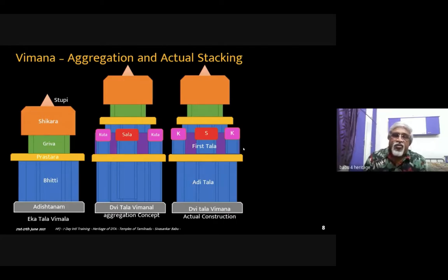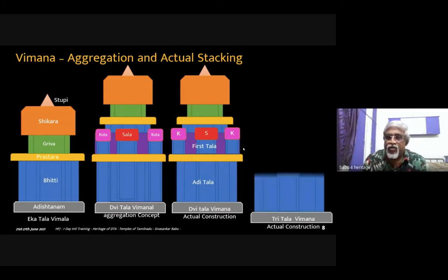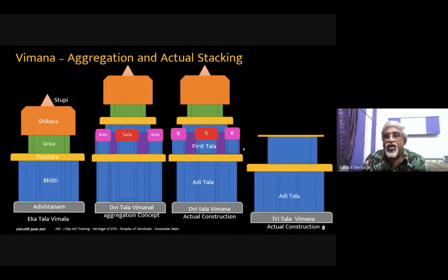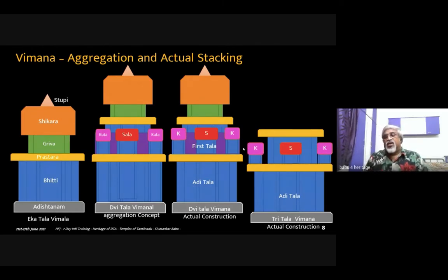Applying the same concept, if you are building a Tritala Vimana, this is how it will be done. So you build the basic Aditala, and then you build the first Tala and fill it up with the kuta, two kutas on corner and one sala in center. And since this is wide, you have more gap here.